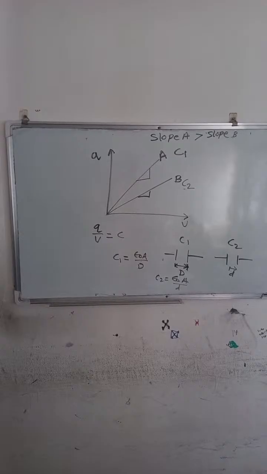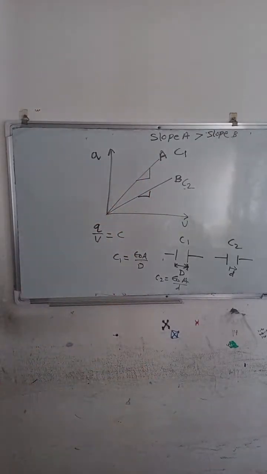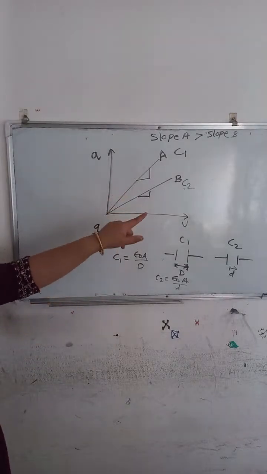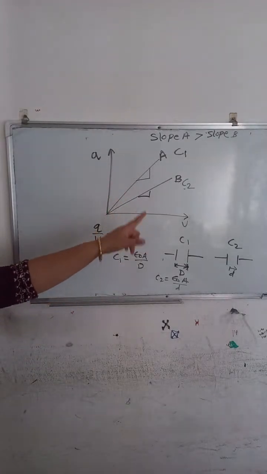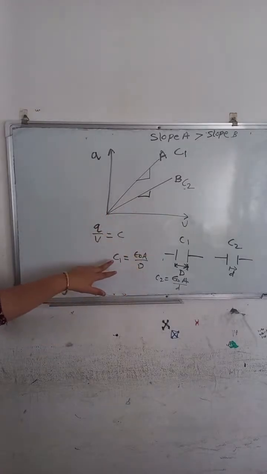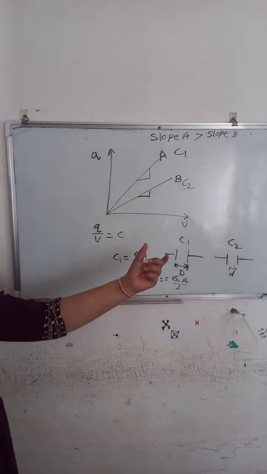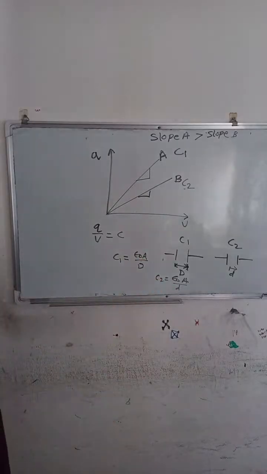Which of A and B corresponds to C1? So the slope of line B is lesser than that of C1. So C1 represents line A and C2 represents line B, because C2 has less capacitance. The more the separation, the less the capacitance, and the less the separation, the more the capacitance.